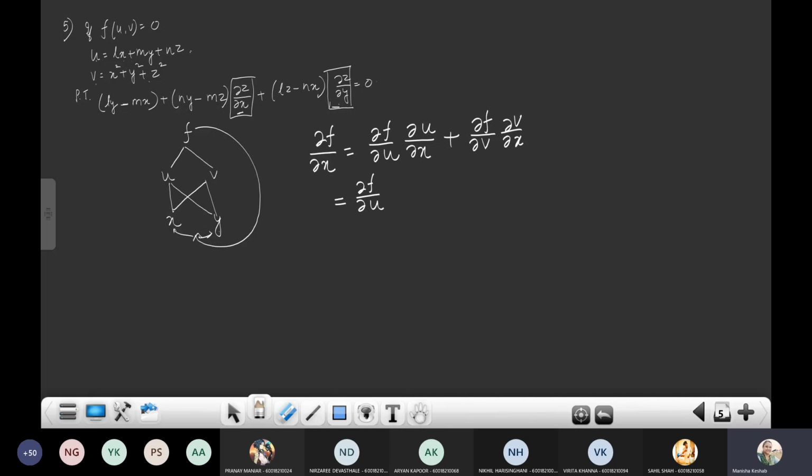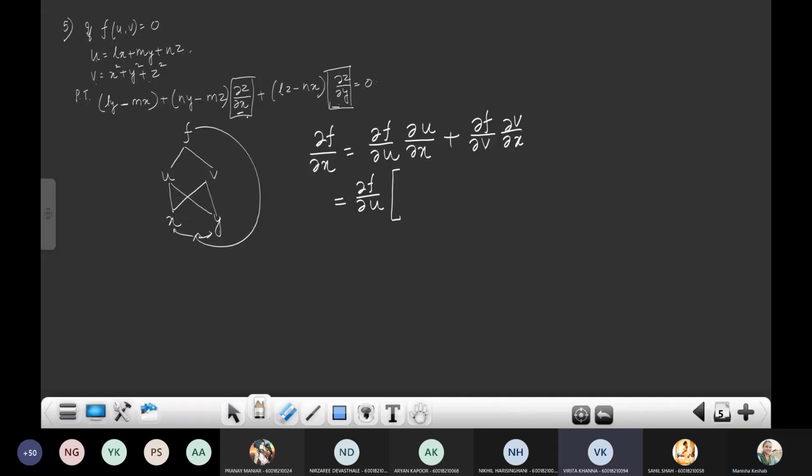Here x and y are independent of each other, so when you differentiate x with respect to y or y with respect to x, that will be equal to 0. But when you differentiate z with respect to x, you get the term del z del x, because z is a function of x and y. So here we will get del u.